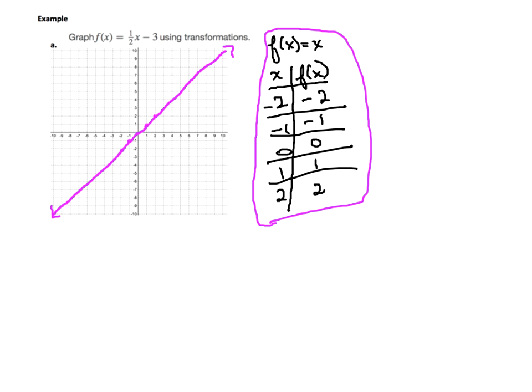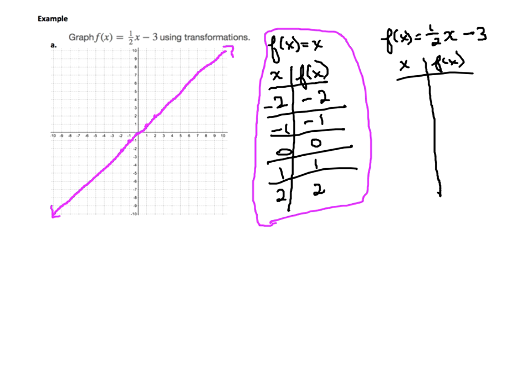Now, my new function says, well, I'm going to compress by 1/2 in the vertical direction, and then I'm going to shift down 3 in all my y values. So, x, f of x here.